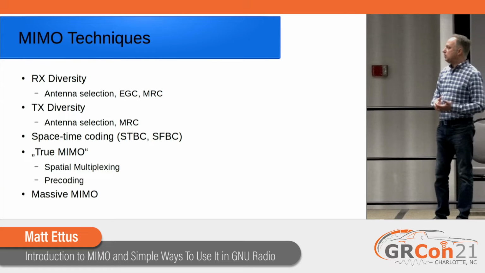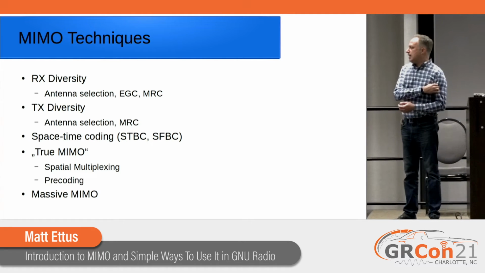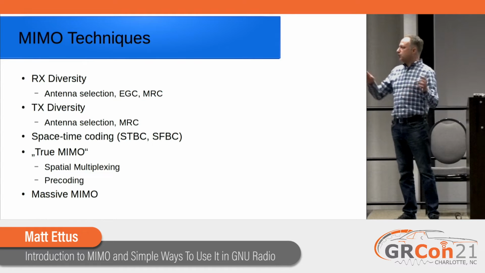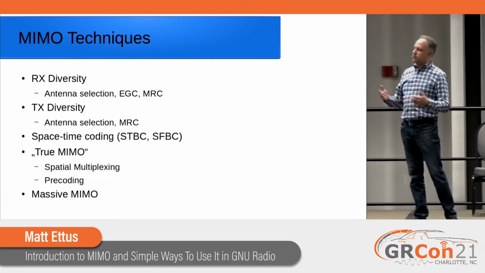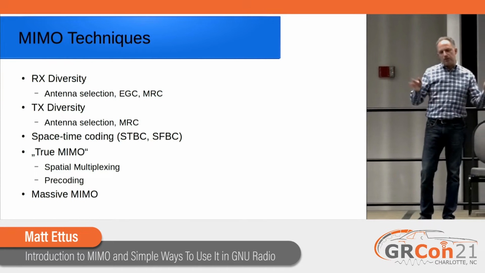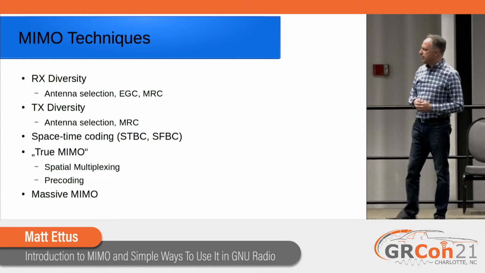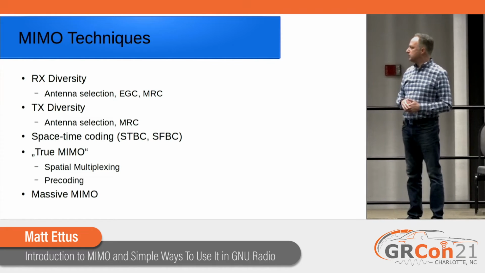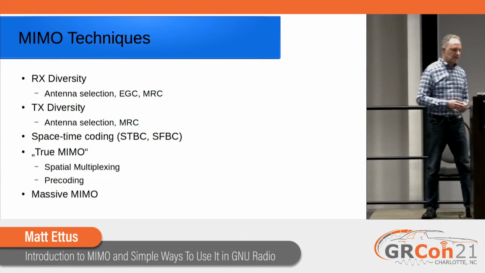We have space-time coding, which we'll show an example of as well. And then the true MIMO, the advanced MIMO stuff, where you would have what's called spatial multiplexing or precoding, and there's a bunch of other techniques around that, and we'll cover that a little. We don't have a demo of those. And then there's massive MIMO, and I'll cover a little bit of that at the end.